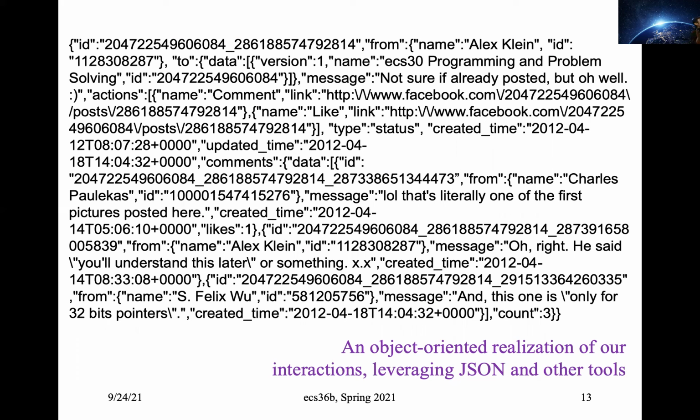In fact, if you have time, go to your web browser, visit Facebook or Twitter or Discord, and try to look at the source code of that page. You will see a lot of JSON. Today's web is a mixture of XML and JSON.